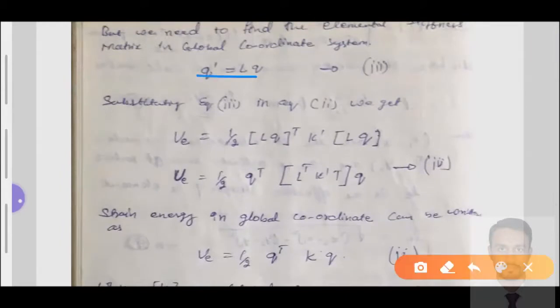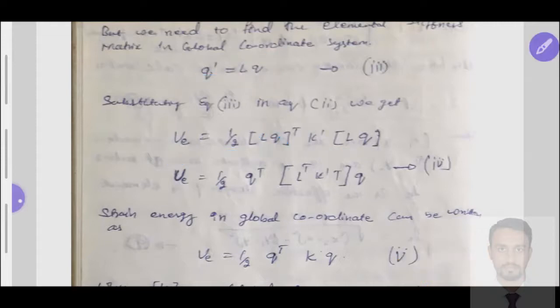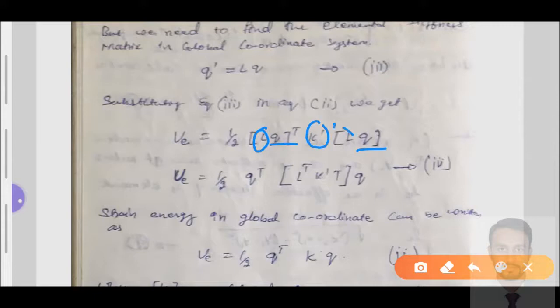So Ue is equal to half into q dash, where q dash is equal to Lq, transposed, into k dash. I have substituted here, and then I'll rearrange that equation. I'll take q and q common, and the properties of the material I'll multiply within the square bracket.